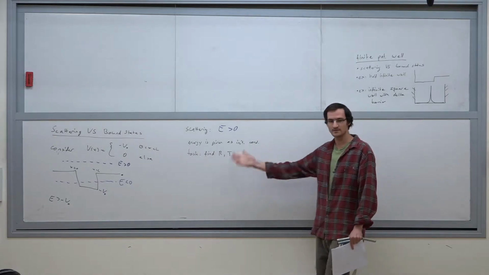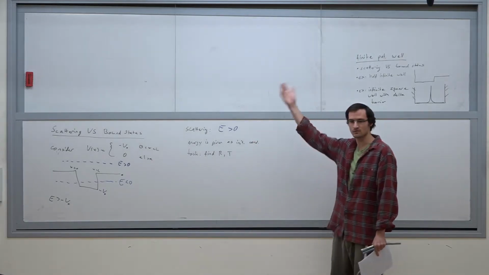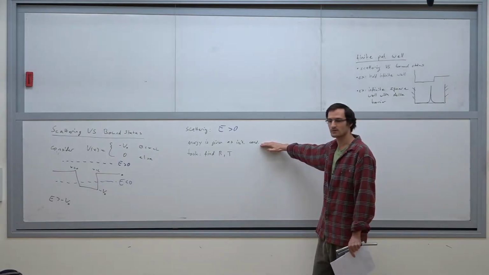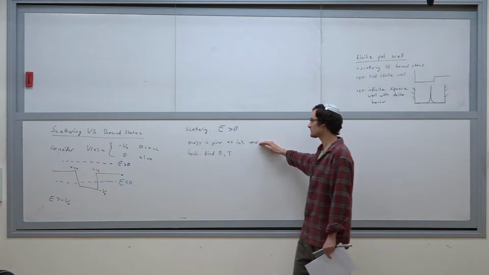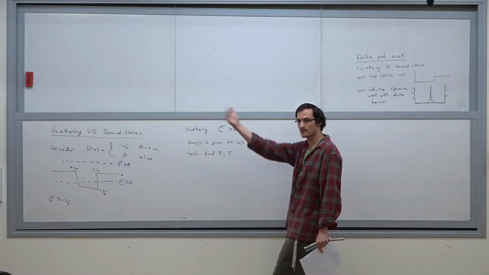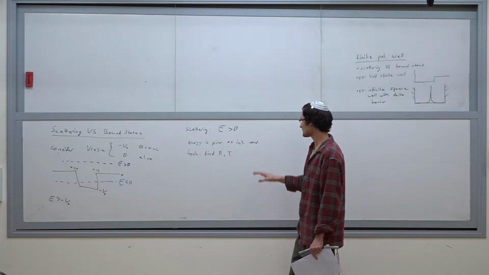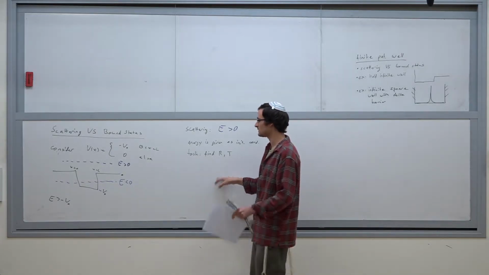And then we saw different limits. When E goes to infinity, T goes to 1. But the energy was never something we were looking for. It was always a given initial condition. According to the energy, we know the momentum of the particle coming in, being scattered. And we always try to find the coefficients.